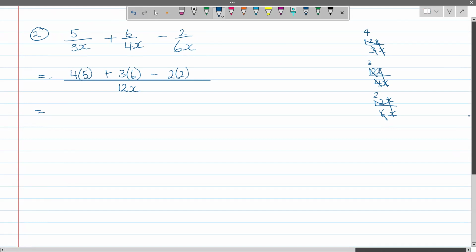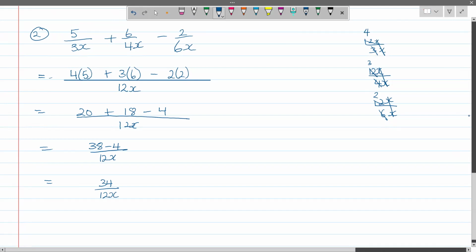We work that out. We're going to get 20 plus 18 minus 4 all over 12x. Remember, add from the left going across to the right. So 20 and 18 are going to give us 38 minus 4 over 12x. That's going to give us 34 over 12x. And that's how we work this one out, right?